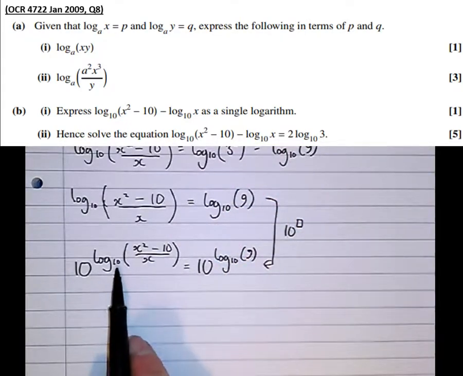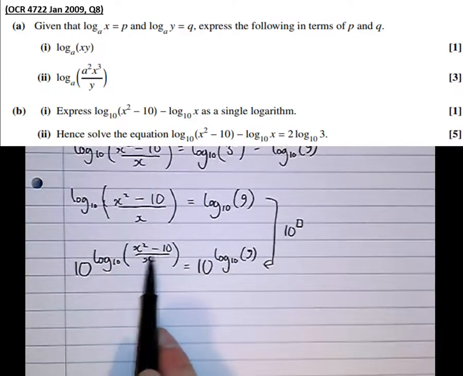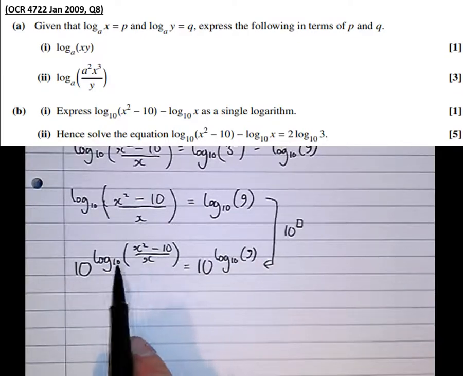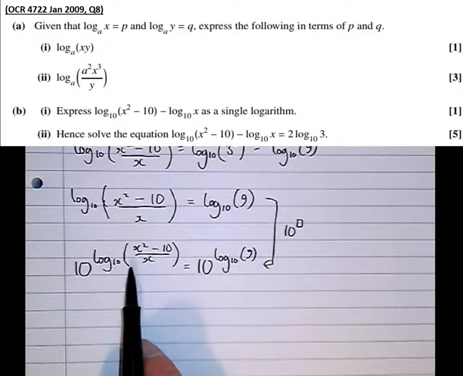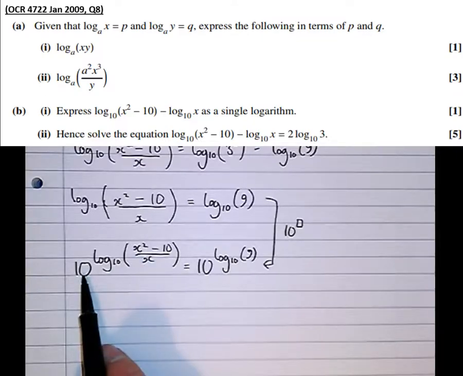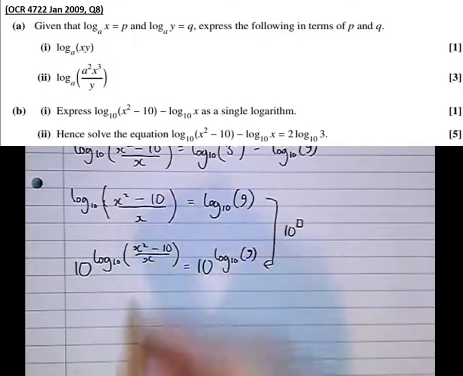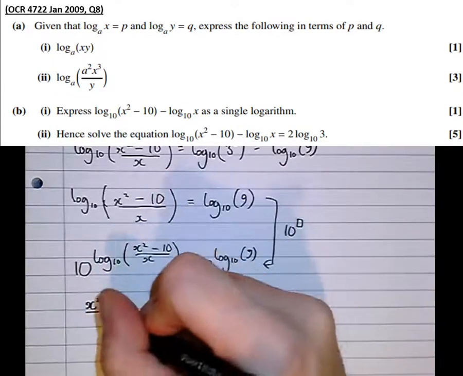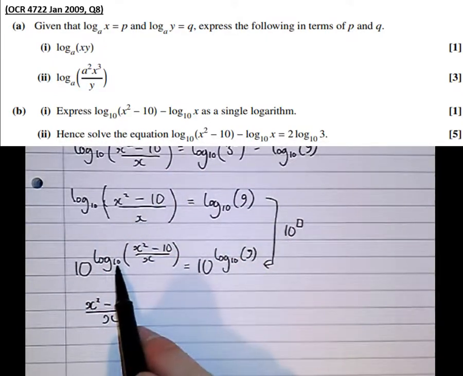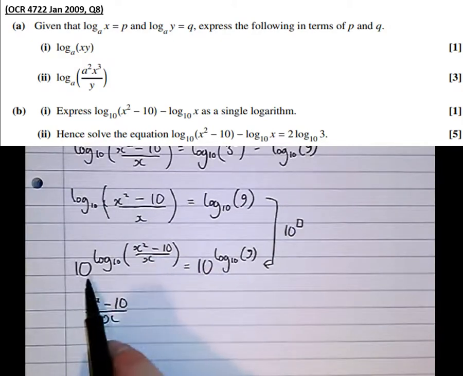Now what this says is log to the base 10 of x squared minus 10 over x says what power do we have to give 10 to get x squared minus 10 over x? Well, whatever it is, we then give 10 that power to get x squared minus 10 over x. So this 10 and the log to the base 10 sort of cancel each other out.